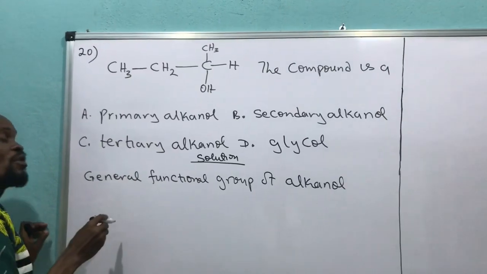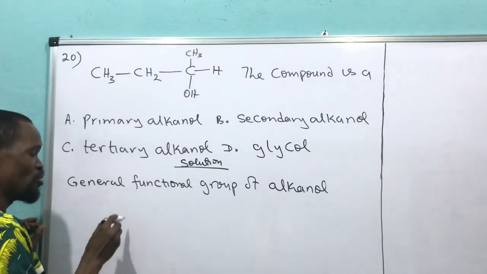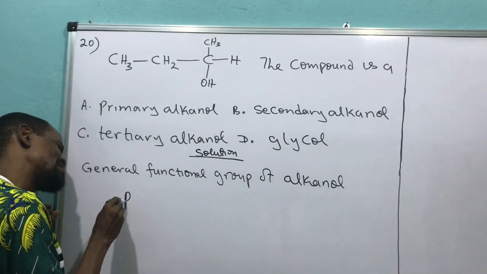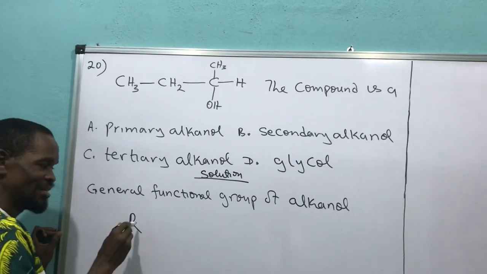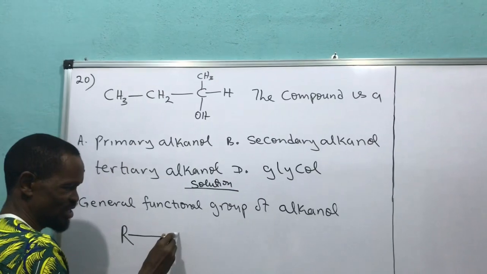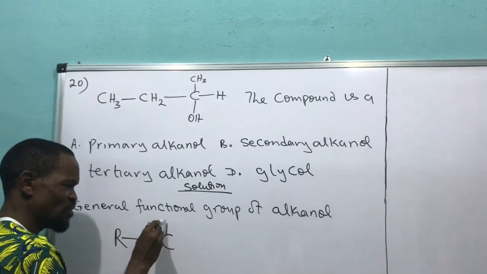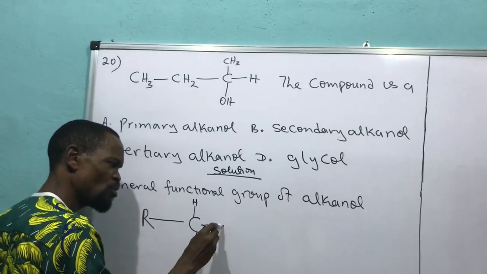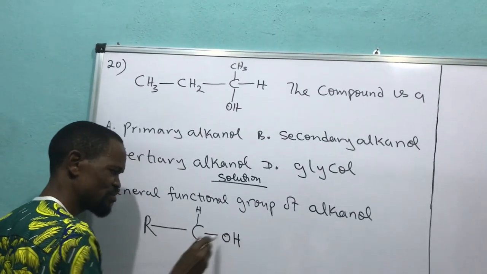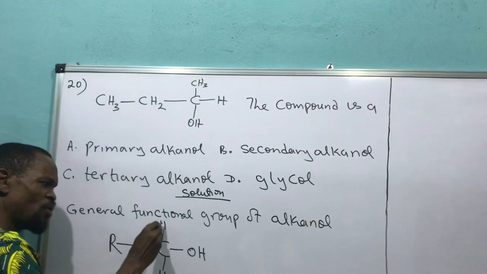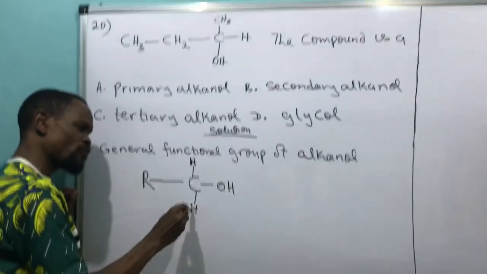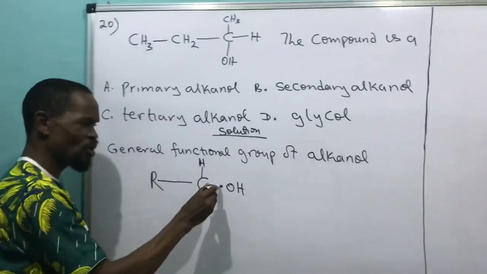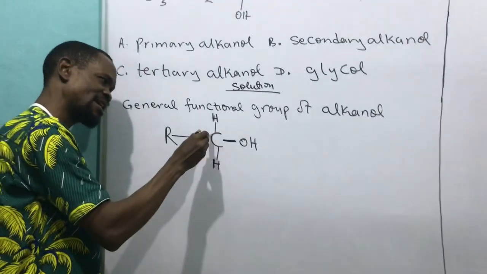The general functional group of alcohol. Primary alcohol, we have this, which is called aliphatic, going into C, and this goes here, and this becomes OH. This is the primary alcohol functional group. The functional group of primary alcohol is this. Look at the primary.